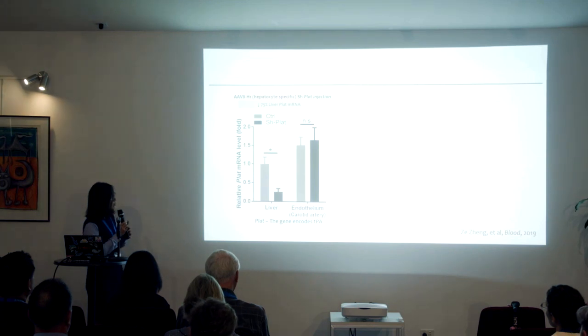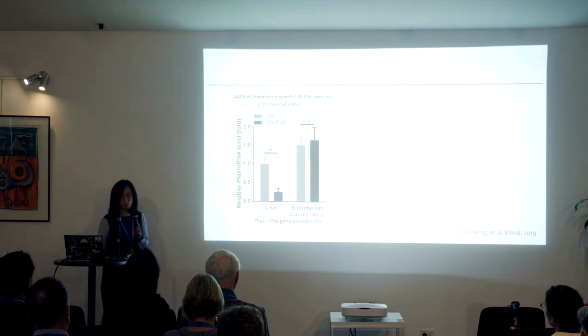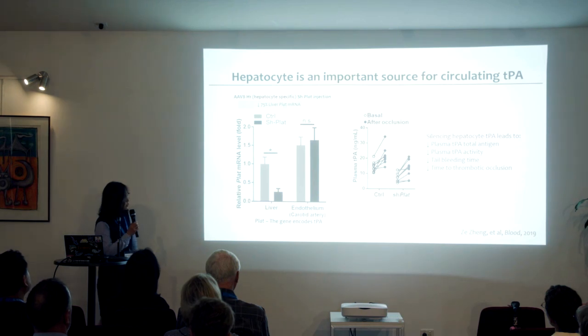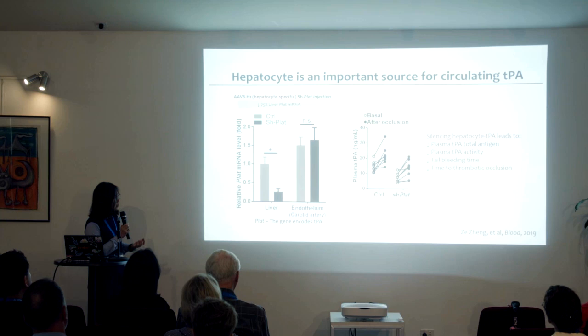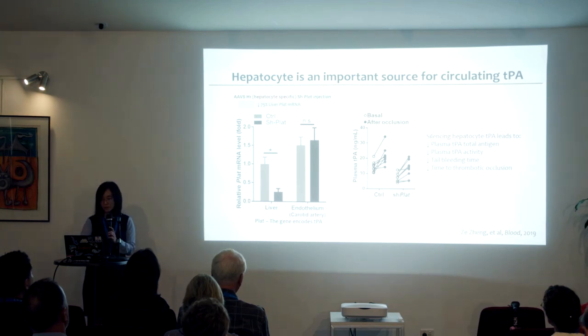You can see that in this model, the liver TPA mRNA was reduced by 75% without any change in the endothelial TPA mRNA levels. Using this animal model, we found that hepatocyte-derived TPA contributes to the basal plasma concentration of TPA and also to TPA enzymatic activity and fibrinolysis.